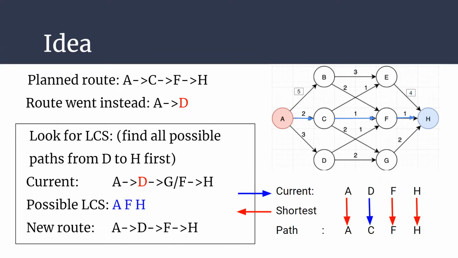Since the planned route is from A to C to F to H, but in the new route we went from A to D, we look for the longest common subsequence, finding all possible paths from D to H first.